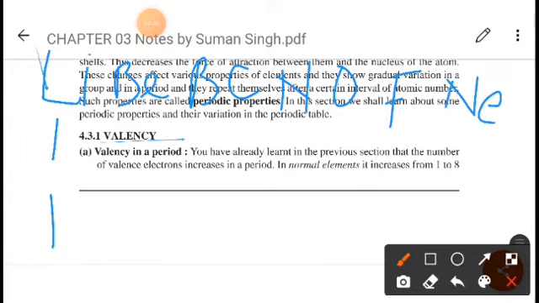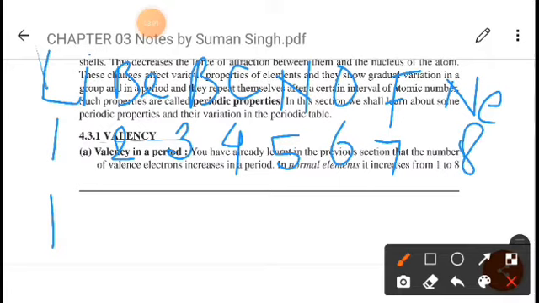The number of electrons in the valence shell of beryllium is 2, boron is 3, carbon is 4, nitrogen is 5, oxygen is 6, fluorine is 7, and neon is 8. These are the numbers of electrons present in the outermost shell of these elements.